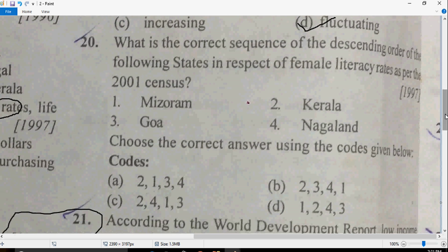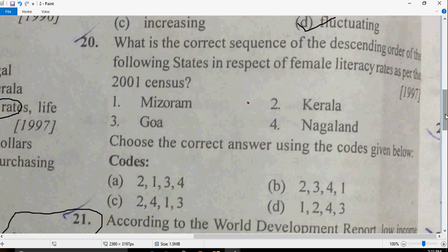What is the correct sequence, in descending order, of the following states in respect of female literacy rate as per the 2001 census? It's really a lengthy question, but anyhow we have to solve it.